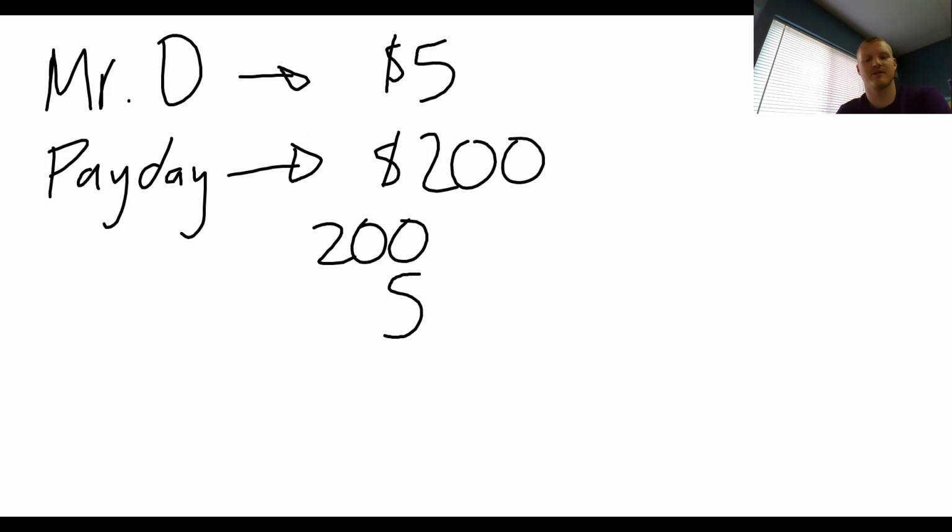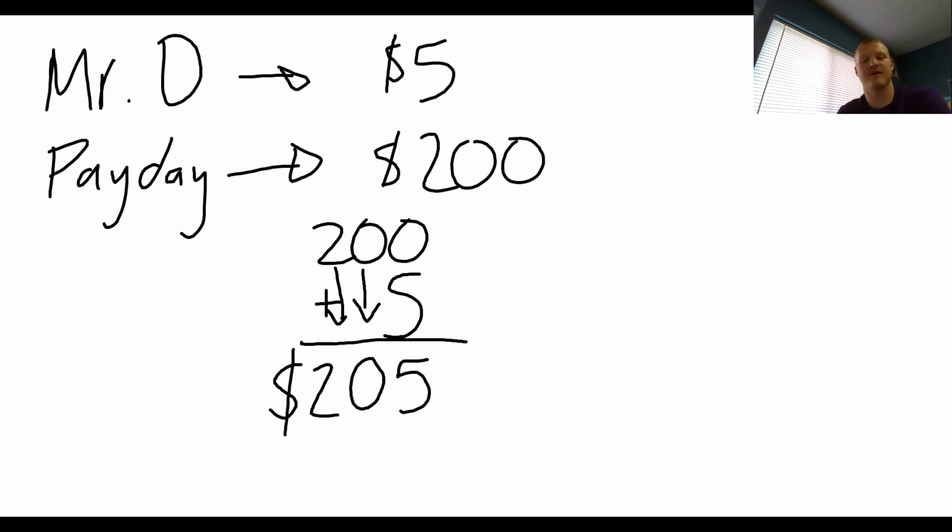So 200, is this plus 5 or minus 5? Yep, plus, because I'm gaining another $200. So then I add this up, 5 plus 0, 5. And then just bring down my other numbers. So I bring down the 0, bring down the 2. I now have $205, right? You feel a little bit better about that?